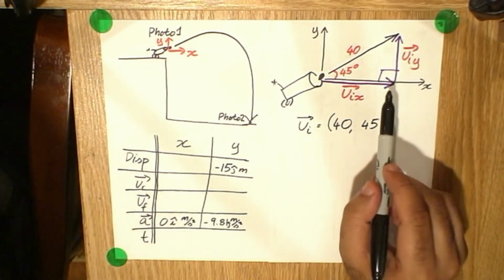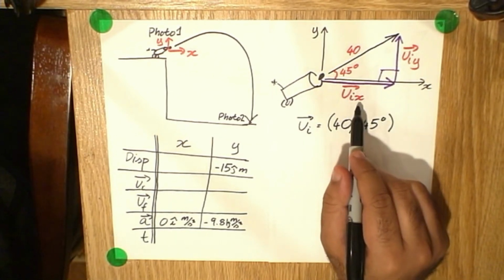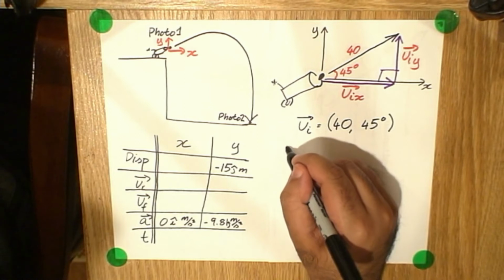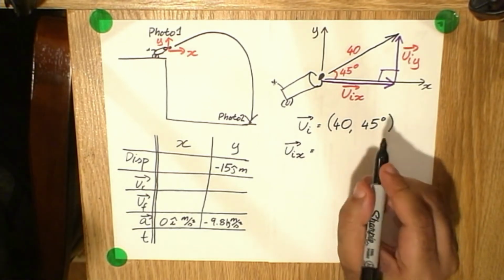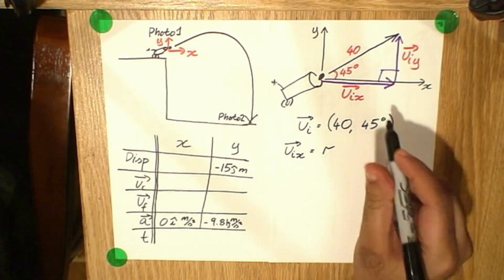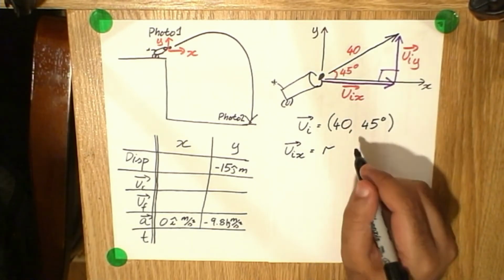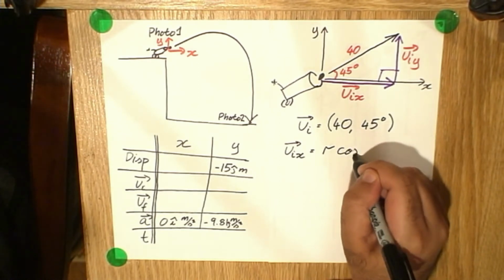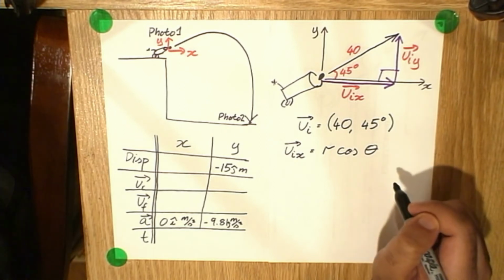Now, when we are given a vector in polar, how do we figure out the x component? Like this. The formula is r, that's the length of the vector, multiplied by the cosine of the orientation angle, theta.